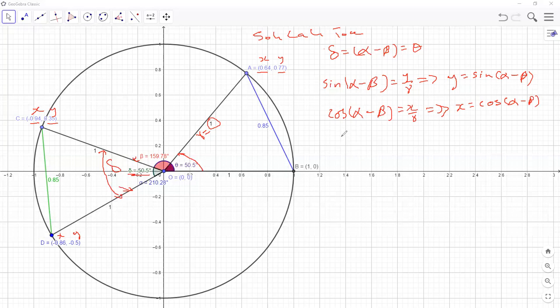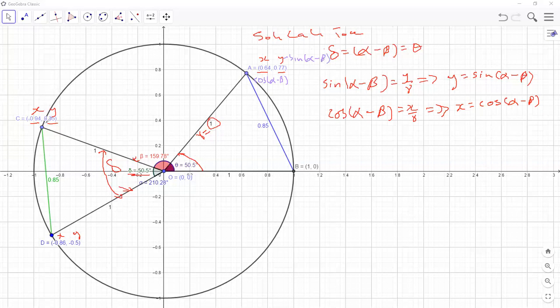And then what we are now going to do is write this coordinate in terms of sine and cosine. Because it's the x value, it is cos alpha minus beta. And this coordinate here is sine alpha minus beta.